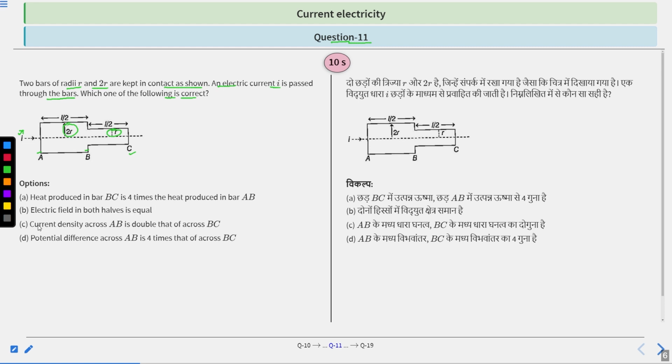Option C is, current density across AB is double that across BC. And option D, potential difference across AB is 4 times that across BC. So which option is correct? You have 10 seconds to solve this question. After 10 seconds, we will provide the solution.